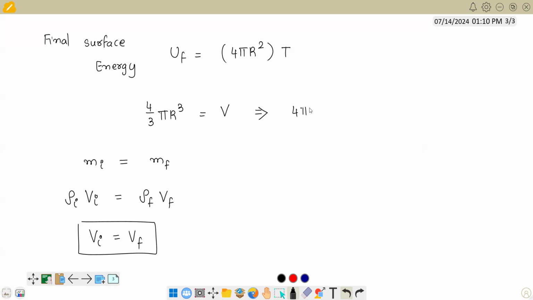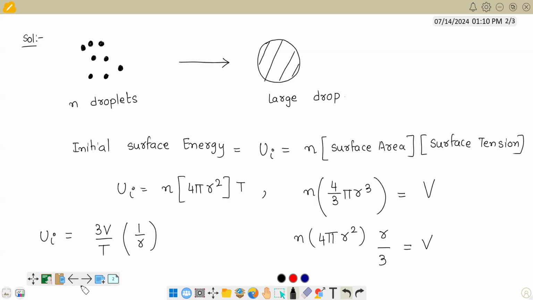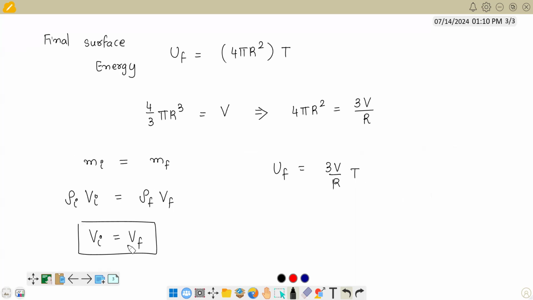From this, 4 pi R square would become 3 V by capital R. Let me substitute that. So U final equals 3V by capital R into T. There is a small correction here: it should be 3V into capital T. So we got 3VT into 1 by R, that is, 3VT by R.